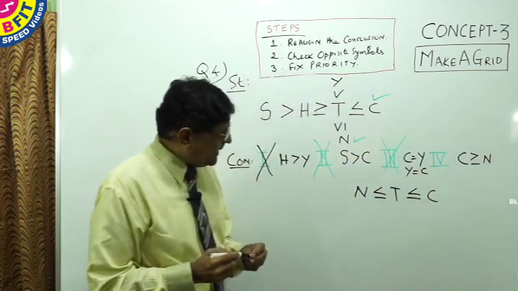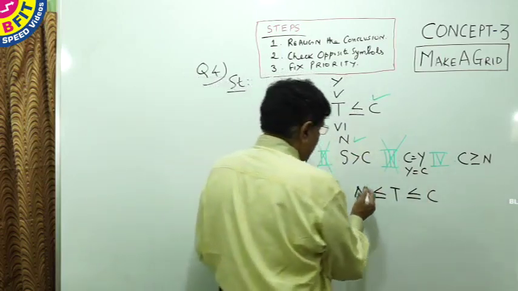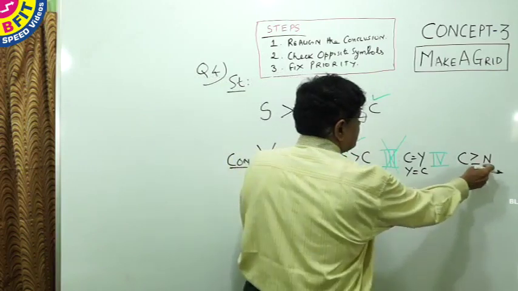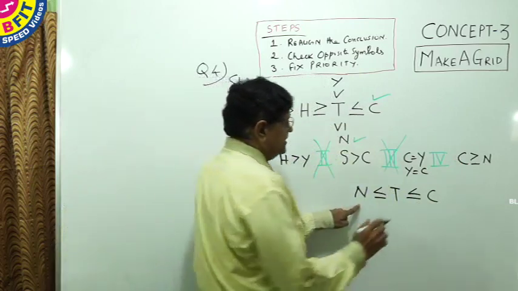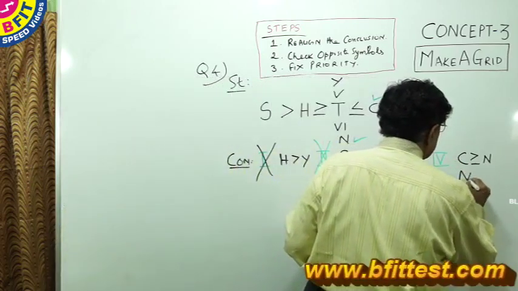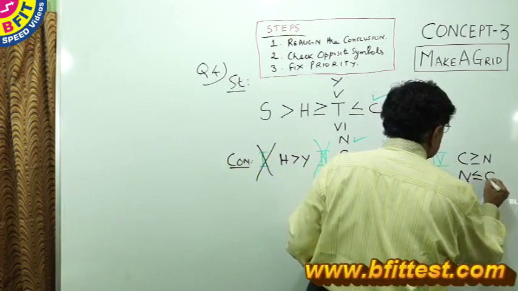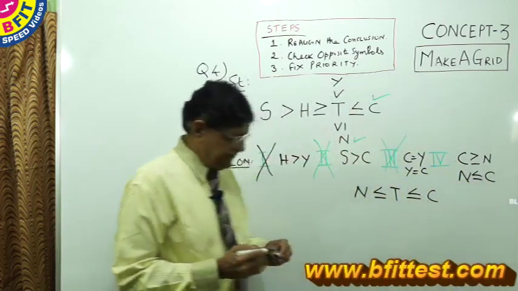Now we have to compare. Now the order here is N and C, in the conclusion it is C and N, therefore we have to realign the conclusion. The conclusion must be realigned as N is less than or equal to C. This is what we have to verify.